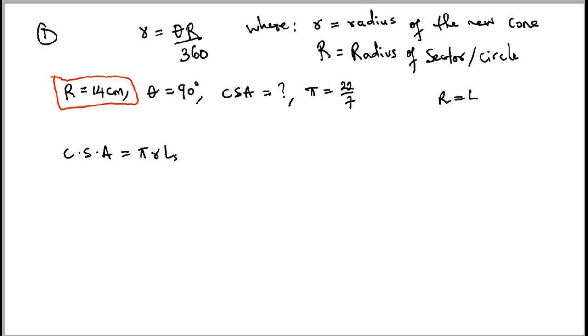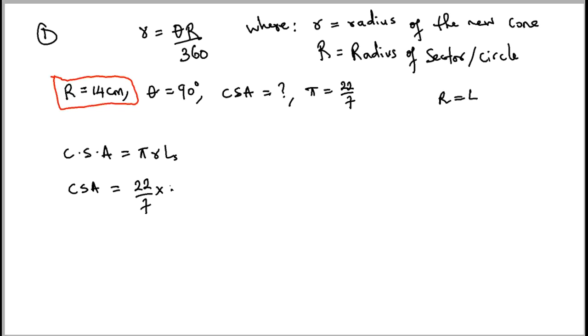So let's now put it here. To find the curved surface area, CSA is now equal to pi, which is 22/7, times what is my r?